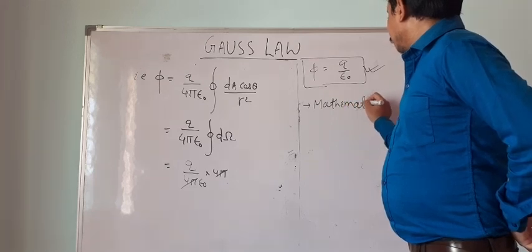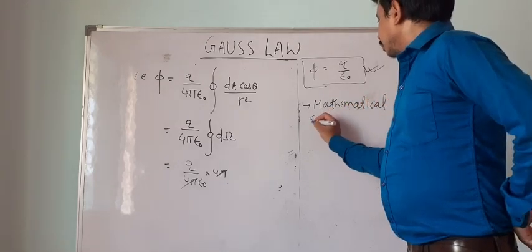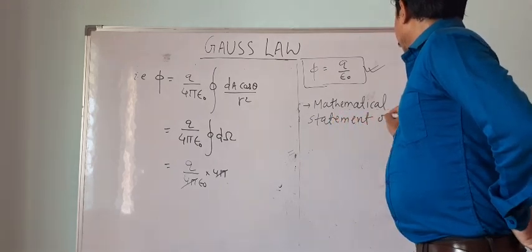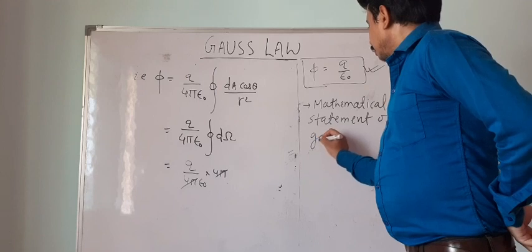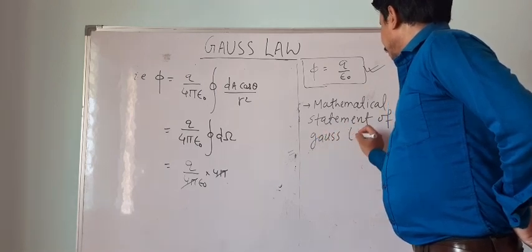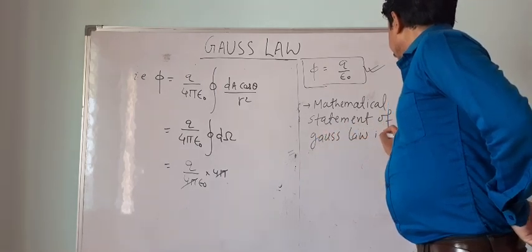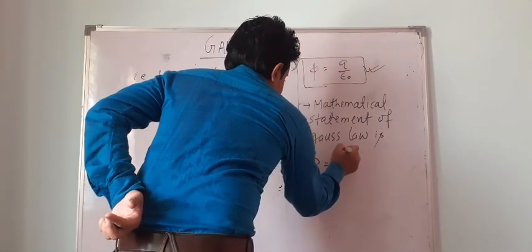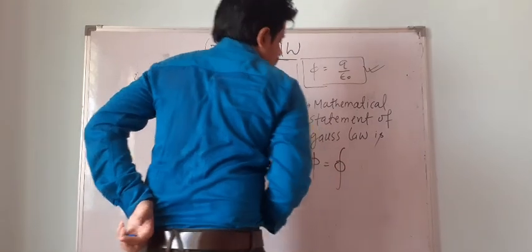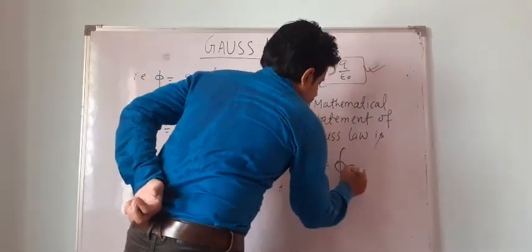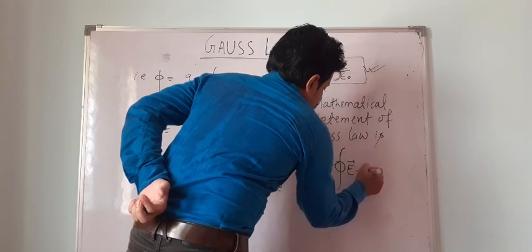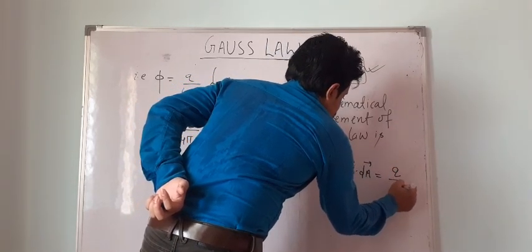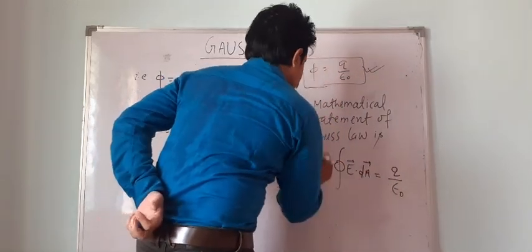Mathematical statement of Gauss law: phi is equal to the closed surface integral of E dot dA is equal to q inside by epsilon naught.